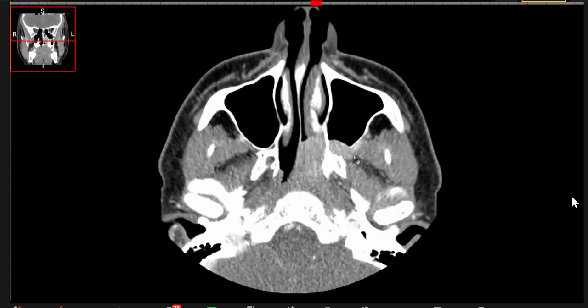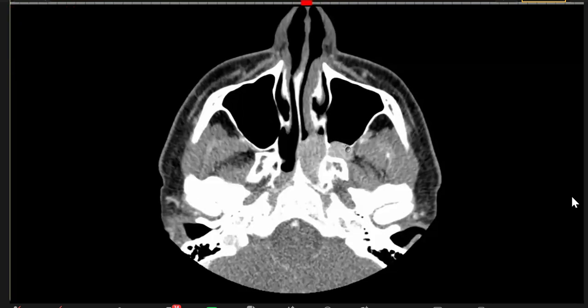This is the masticator space. It does not extend into the masticator space. It causes this anterior bowing of the maxillary sinus. And 30 years ago, when they used to diagnose these things on plain films, on a lateral PNS view, this was a sign where the lateral wall of the sinus, we used to call it a sail sign.